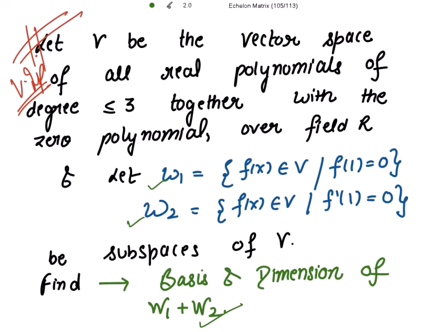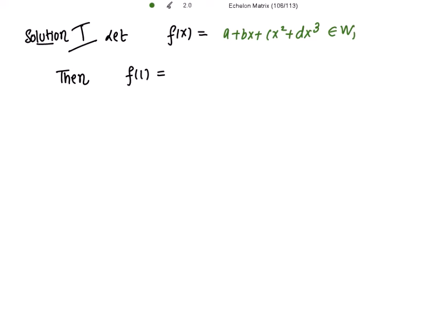What is the condition? That f(1) should be equal to 0. Putting x = 1, we get a + b + c + d = 0. From here, let's get the value for a.